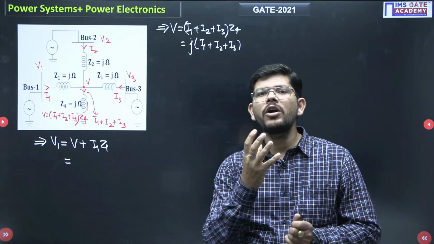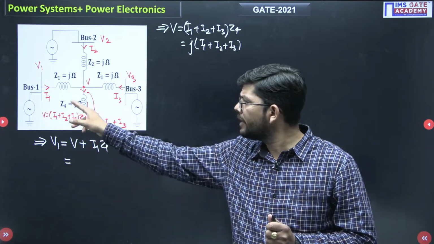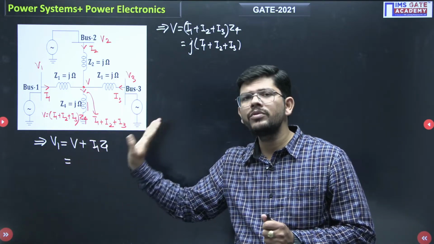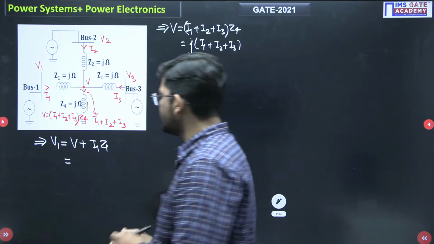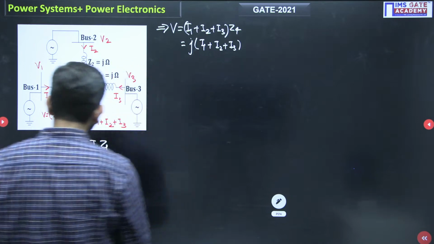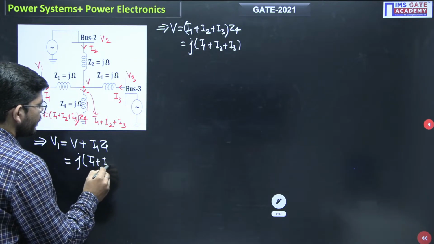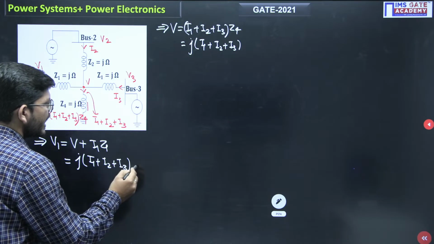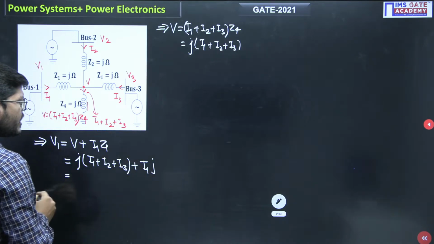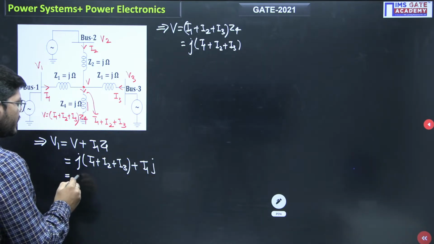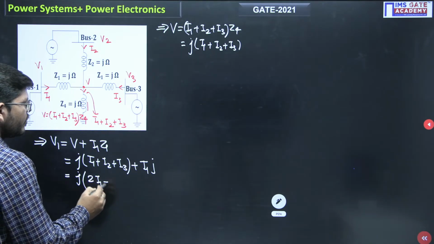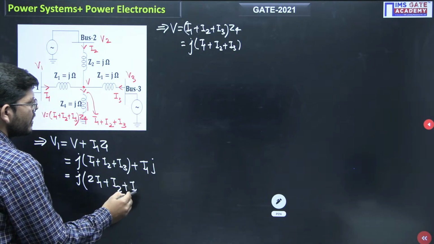Now what will be the voltage of the buses? The voltage of bus 1, which is V1, will be V plus I1 into Z1. Now put the values here and see what we get. V we have calculated is J times I1 plus I2 plus I3, and Z1 has a value of J. So when you solve it, J can be taken common, and you will get J times 2I1 plus I2 plus I3.